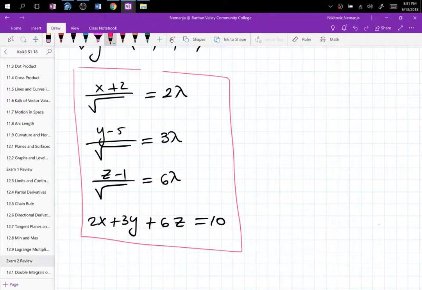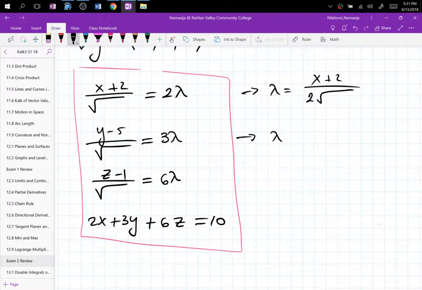Well, this is what we are going to do. You set the lambdas equal to each other, so we can get rid of lambda. You are going to calculate each lambda, moving the 2, 3, and 6 from the denominator, and then equate the first two, or the first and third, or the second and third. So you are going to eliminate lambda. From this equation, lambda is (x plus 2) over 2 square root.